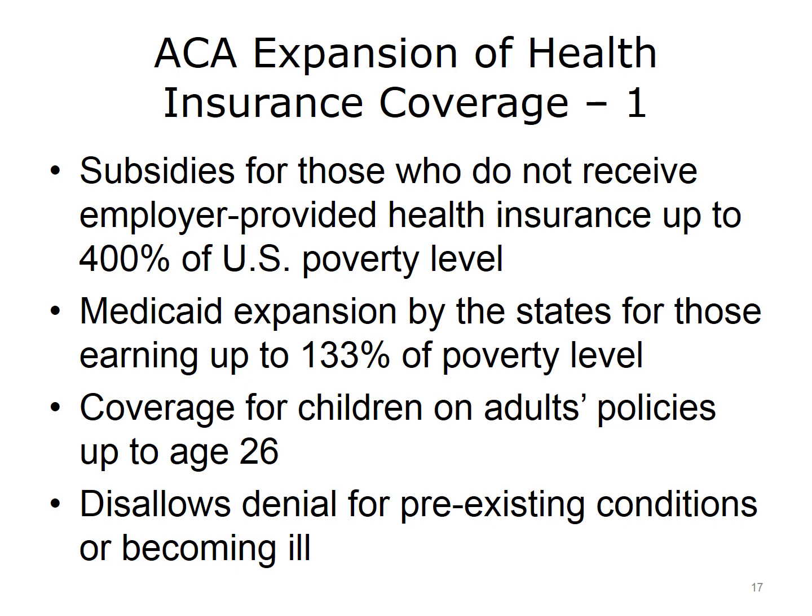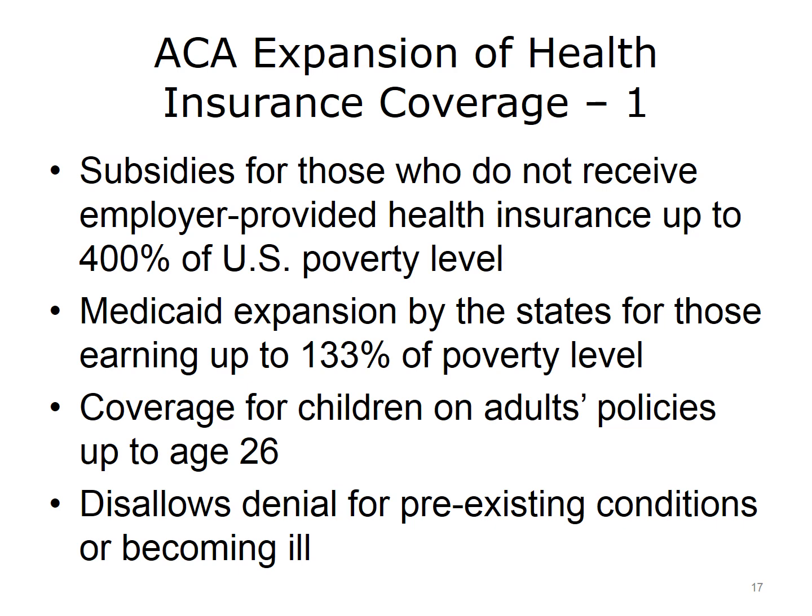The first is the subsidization of insurance for those who do not receive employer-provided health insurance. This is done for individuals and families who earn up to 400% of the U.S. poverty level. These individuals and families purchase coverage on health insurance exchanges that aim to simplify the selection of plans.